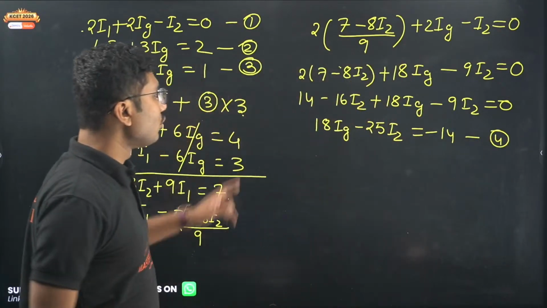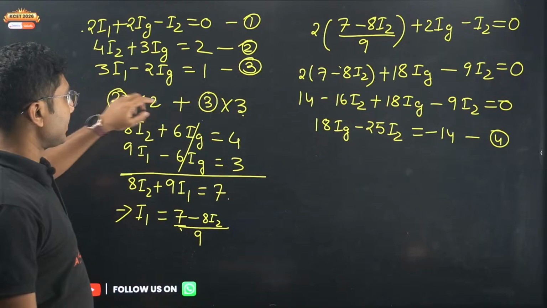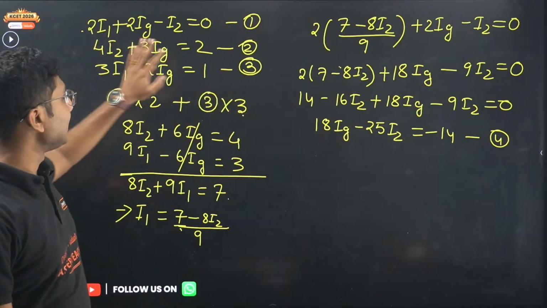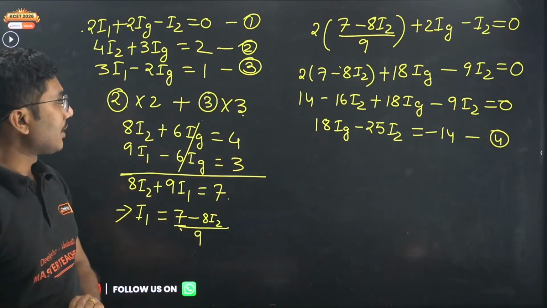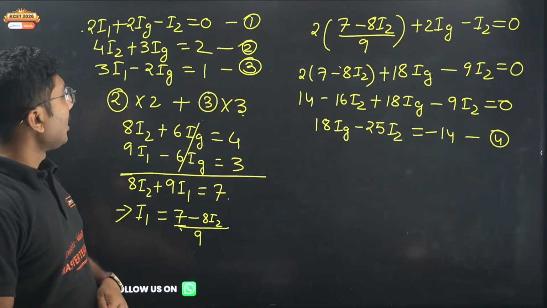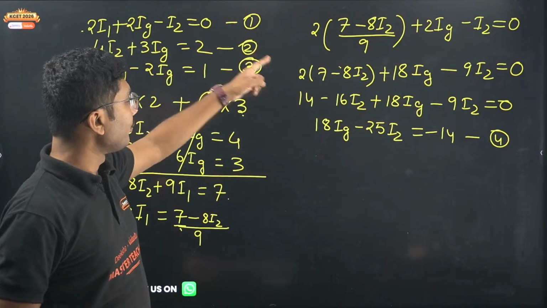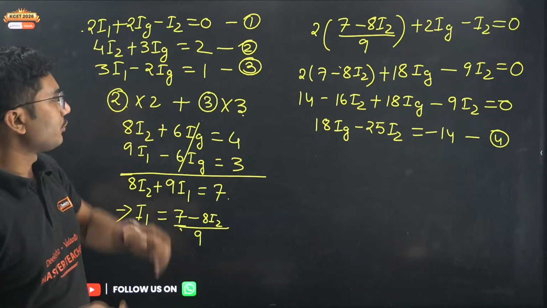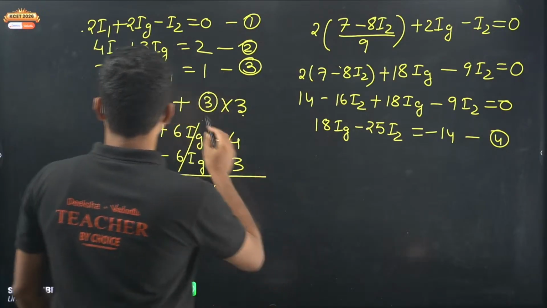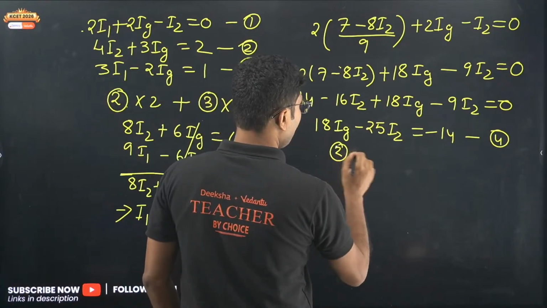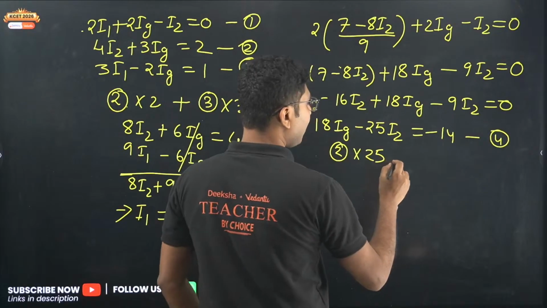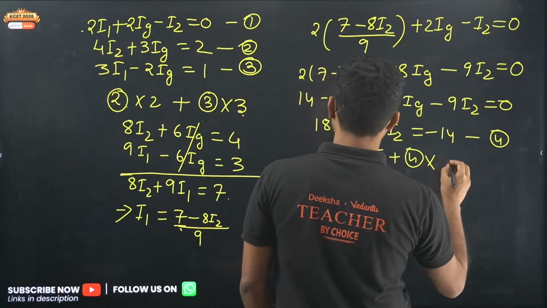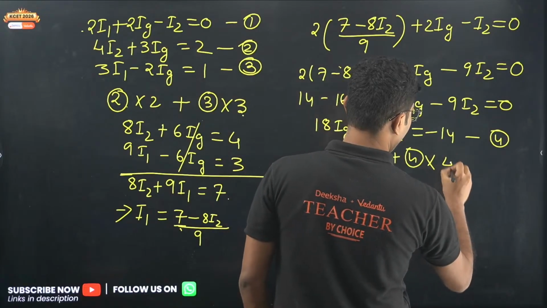Now we have two variables and two equations. Equation number 2 and equation number 4 both contain IG and I2, so that's how we can solve it. We multiply equation number 2 with 25 and equation number 4 with 4 so that we can eliminate I2.